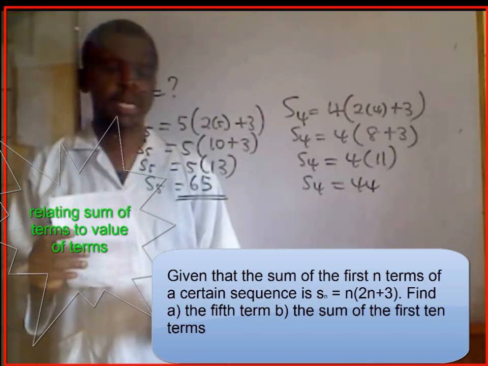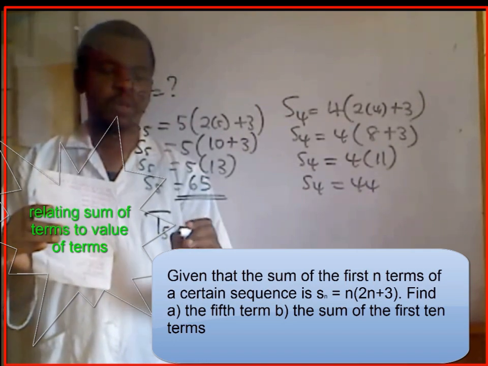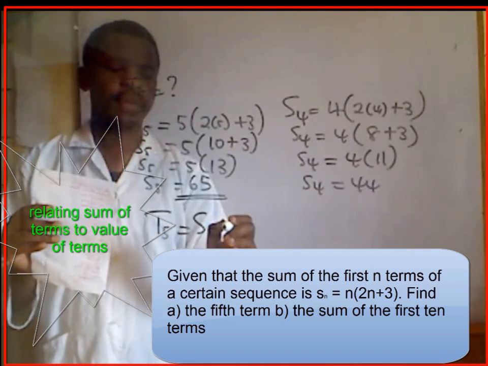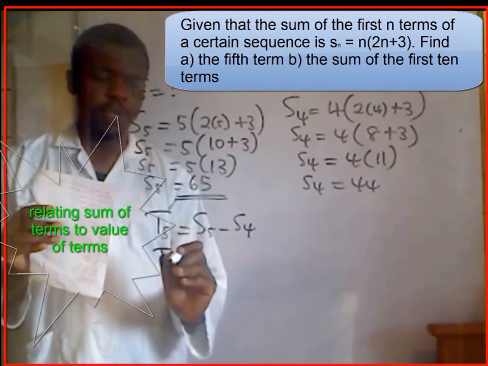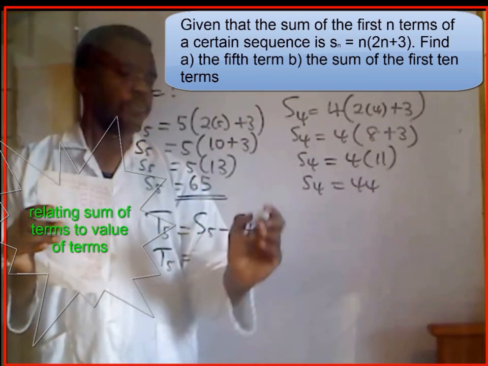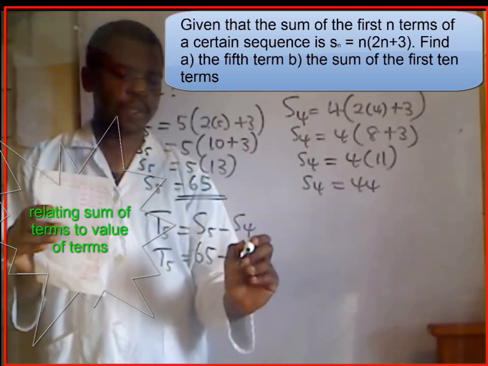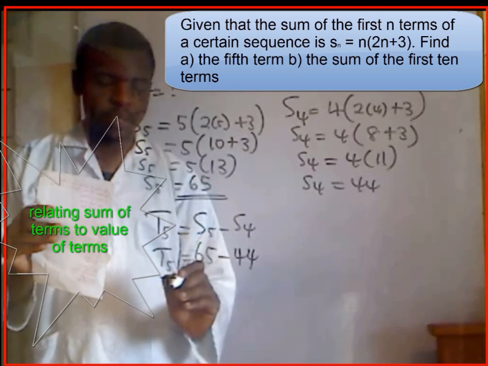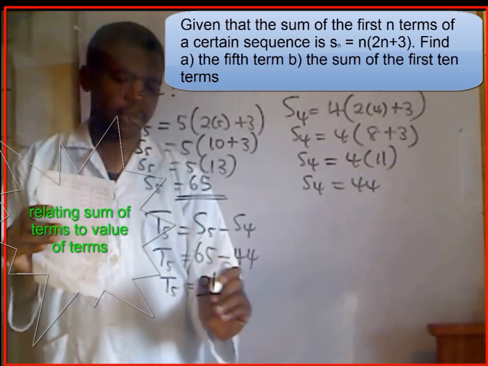Now, how do we get T5? T5 is equal to S5 minus S4. The fifth term is equal to 65 minus 44. Fifth term is equal to 21.